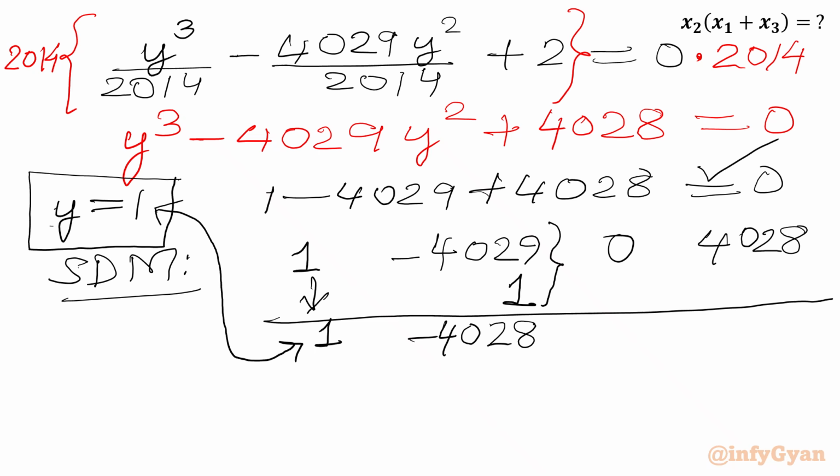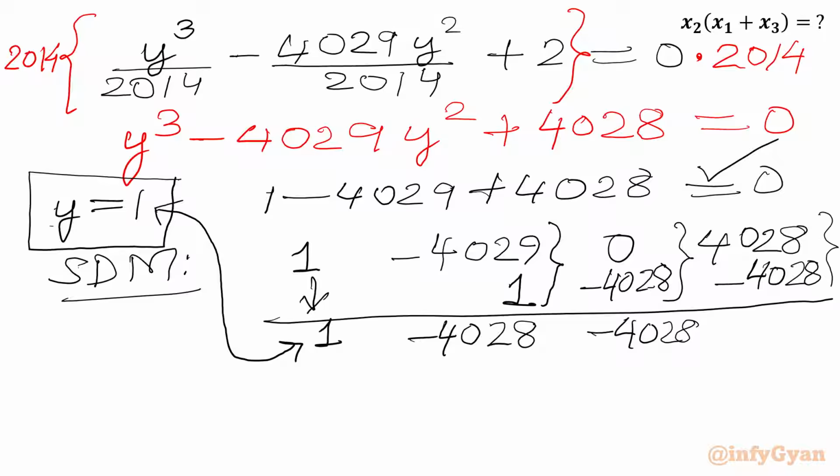Again we will multiply the base solution 1 with minus 4028. We will write here minus 4028. If we add these two numbers, we will get minus 4028. 1 times minus 4028 is minus 4028, and the addition of these two will produce 0. So here we have the coefficients for the quadratic equation in y.